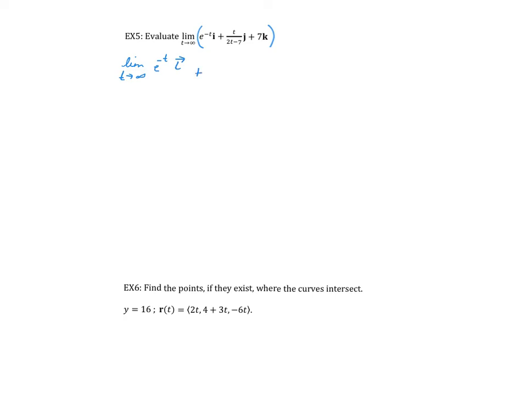Plus the limit as t goes to infinity of t over 2t minus 7 j plus the limit as t goes to infinity of 7k. So I figure out each one of those limits.